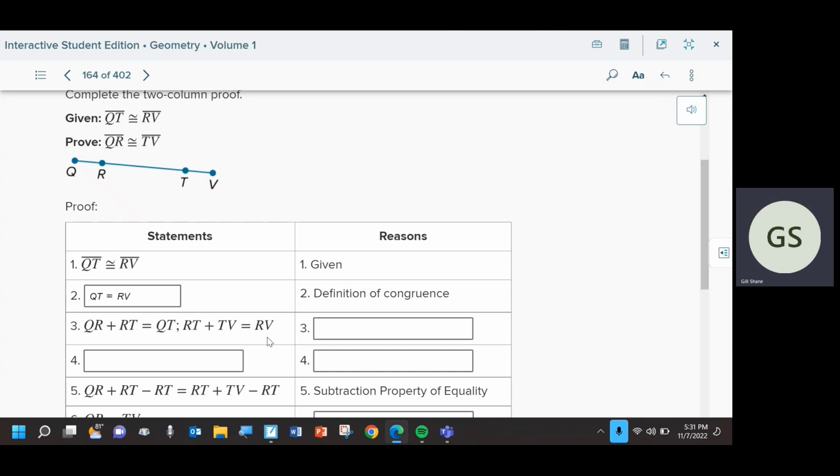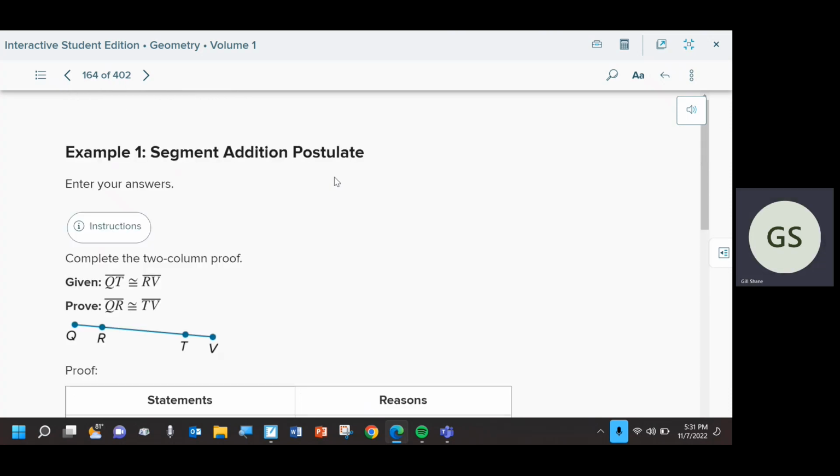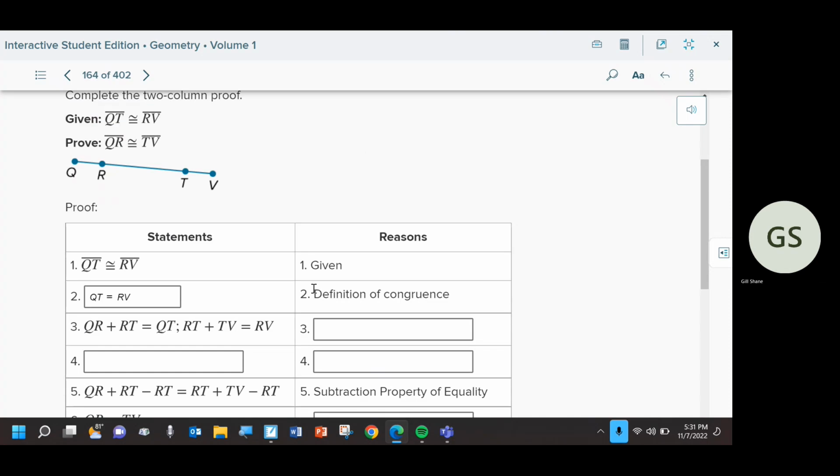So again, this is a little tricky, but I expect you to know this one. I expect you to be able to tell me the reason for that, especially since, didn't notice, it's actually right at the top of the page, segment addition. This is that concept we just talked about in bell work. QR plus RT equals QT.